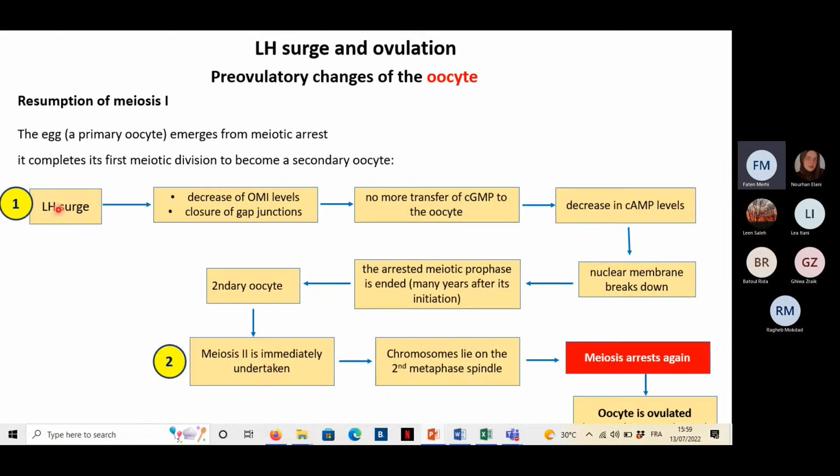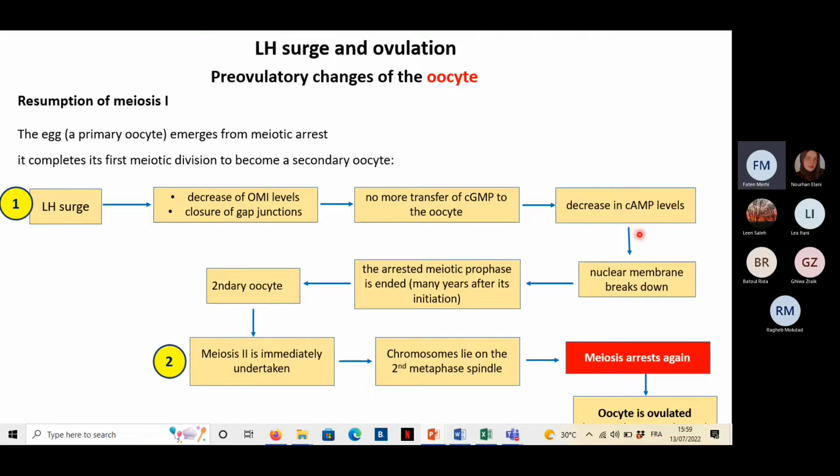So here we can see that as a consequence of the LH surge, we can have on the oocyte a resumption of meiosis 1. So due to the LH surge, we will have a decrease of OMI levels and closure of gap junctions, and this will make that no more transfer of cyclic GMP to the oocyte is made, and this will lead to a decrease in the cyclic AMP levels.